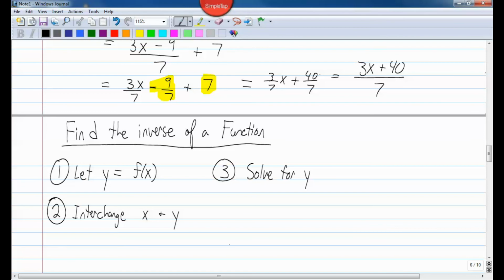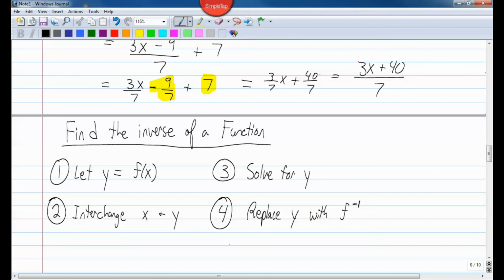So once you have solved for y, using whatever algebra methods you know, just like solving an equation for y, step 4 is to replace y with f inverse.